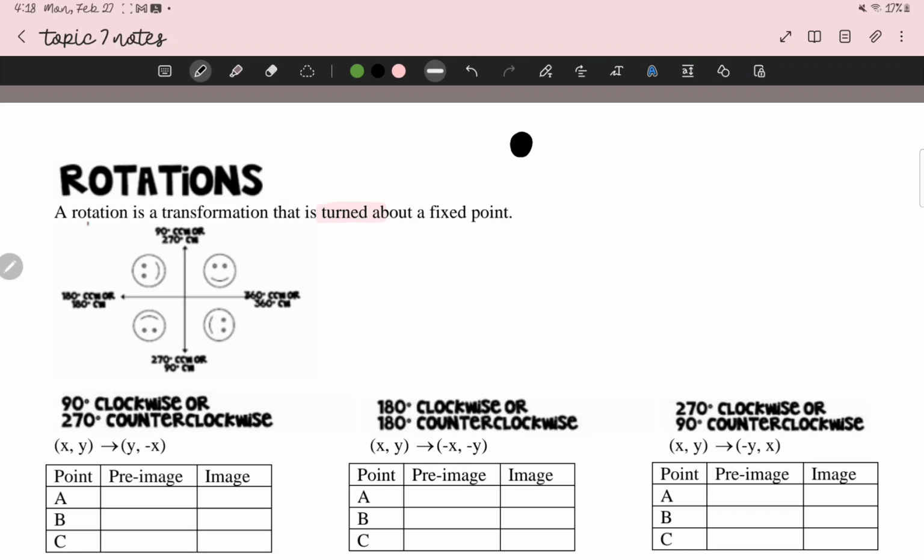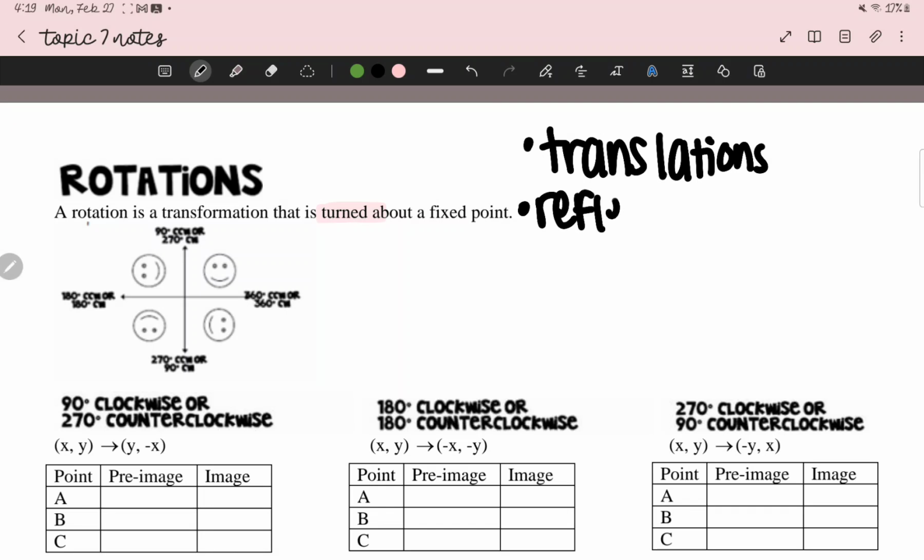we already learned about translations, reflections, and this newest one is rotations.